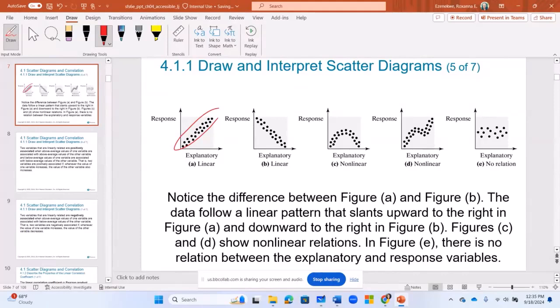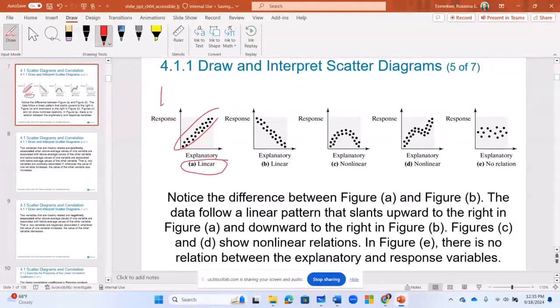If I eyeball that scatter diagram, I will see that the line of best fit, the line that will fit this scatter diagram, is a line with a positive slope. So we shall call it linear, but I'm going to say high, not just linear.